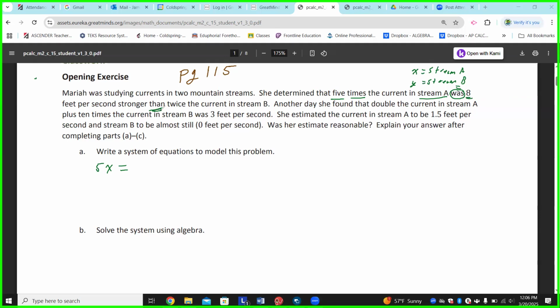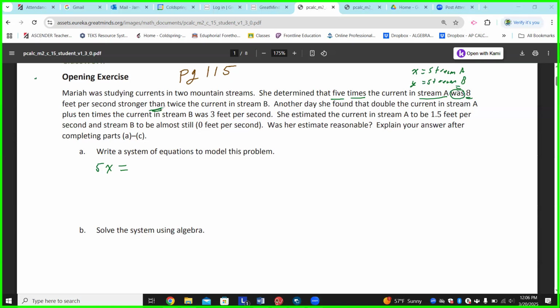What would that be? Larger, right? What do we do with that? It's 8 feet per second stronger, larger than something. What operation would that be? Not quite greater than. We're not going to throw in any inequalities yet, but that is a good point. Addition. Very good. Think of it like you have $8 more than someone else.